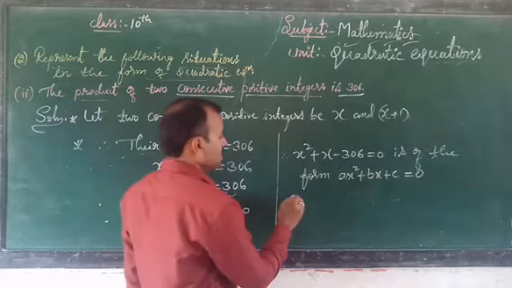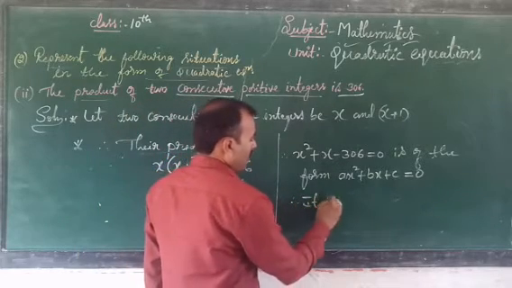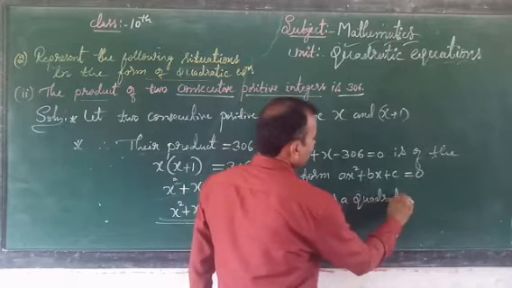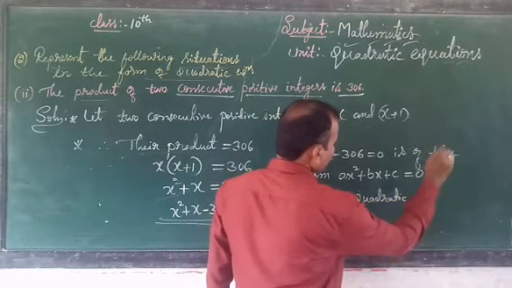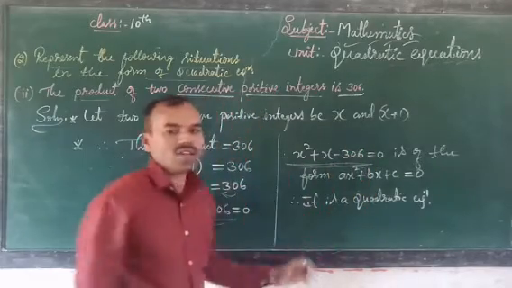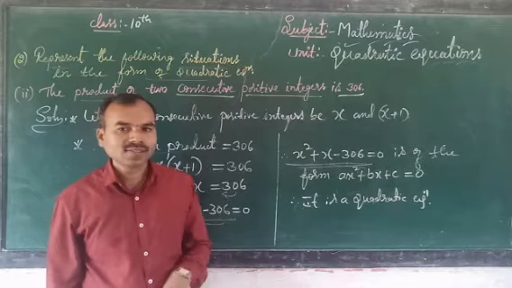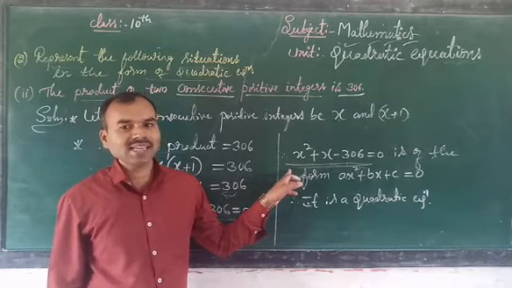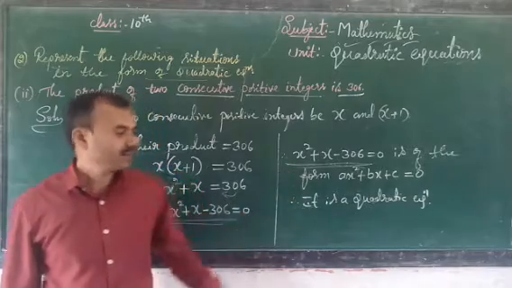Therefore x square plus x minus 306 equals 0 is a quadratic equation. Which type of quadratic equation? Yes, it is an adfected quadratic equation.